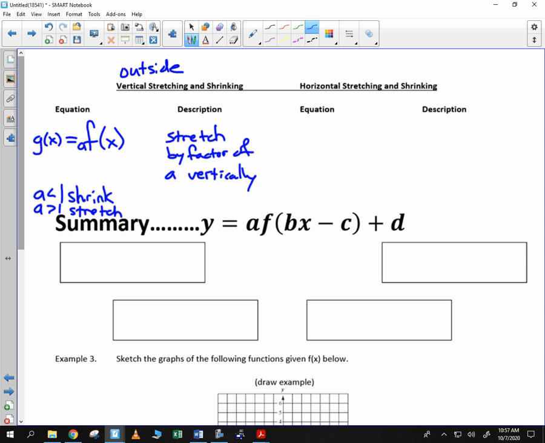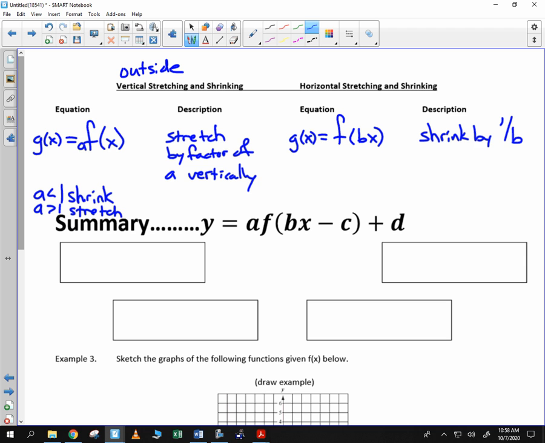If it's on the inside, then it's opposite of what you think. Okay? So in this situation, it would be a shrink by 1 over b.